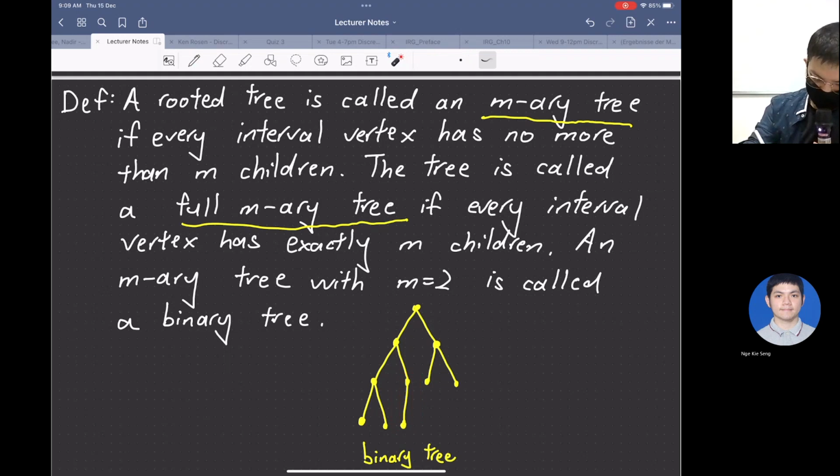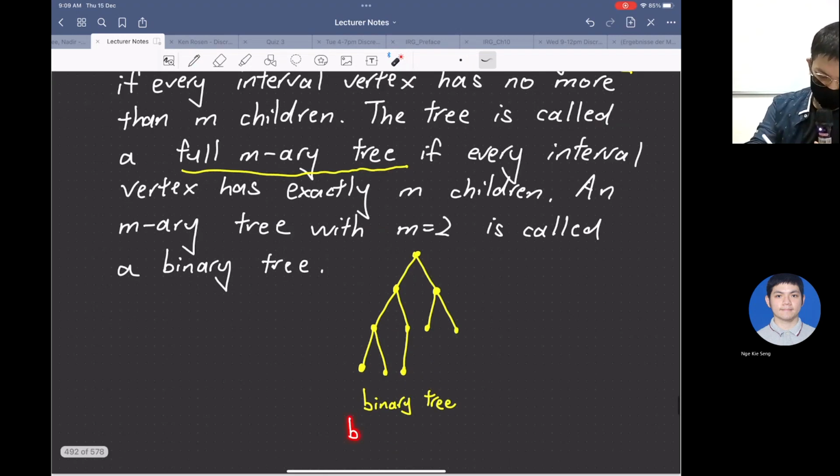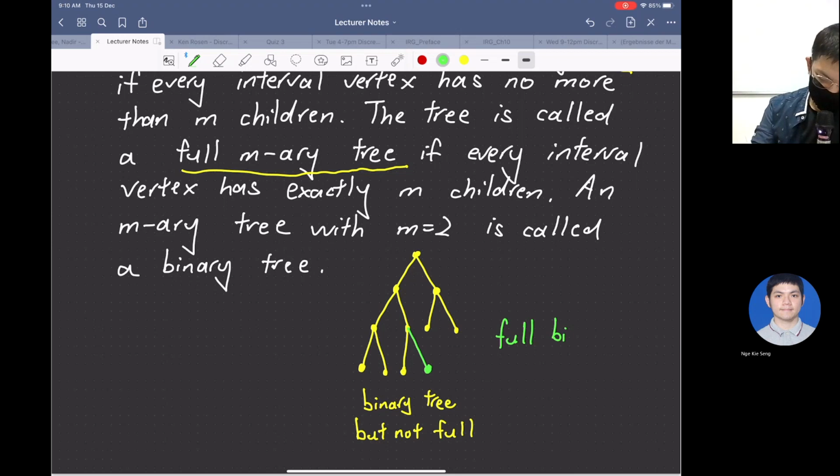This one is a binary tree, but not full. To be full, all the internal vertexes must have 2 children. So this is the difference between binary and full binary.